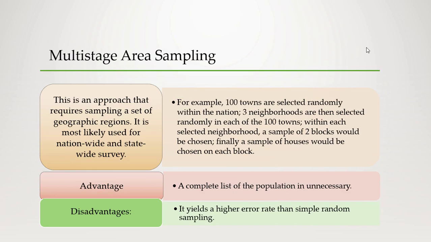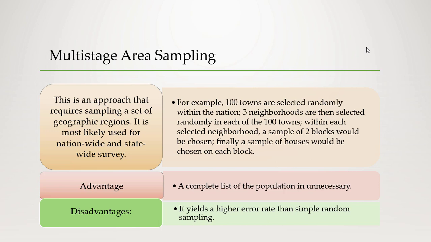The last probability sampling procedure I want to mention here is multi-stage area sampling. We don't see this procedure used a lot because it's mostly used for sampling a set of geographic regions in large-scale surveys at the national level or state level. For example, the selection may begin with 5 randomly selected states.